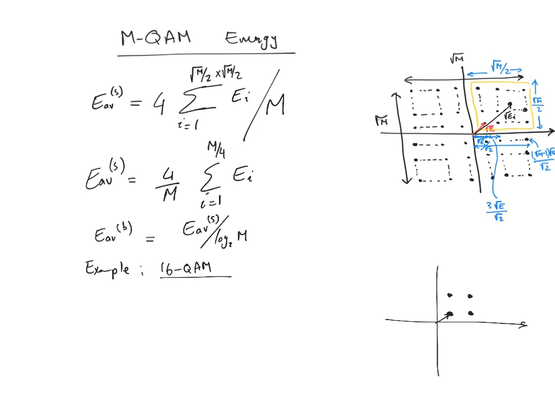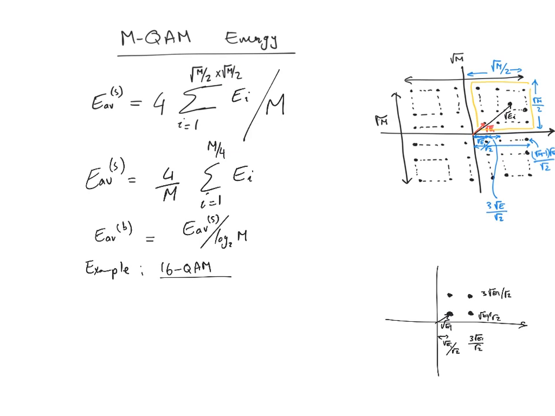And if this is root E1, then I can figure out all the distances as we mentioned. So I will end up with, in this direction, root E1 divided by root 2, and 3 root E1 divided by root 2. Similarly, on the other direction, I have root E1 divided by root 2, and 3 root E1 divided by root 2.